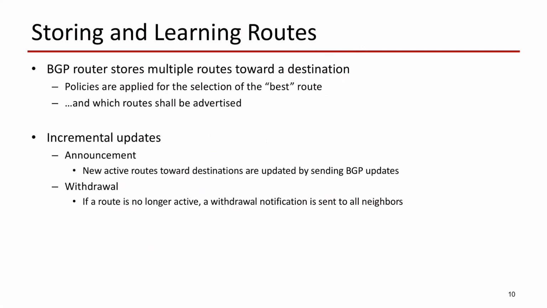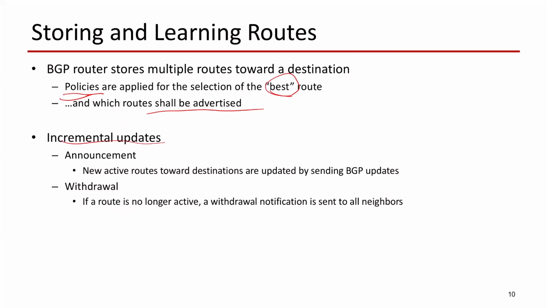Okay, and storing and learning routes. A BGP router stores multiple routes toward the destination. Because we have multiple ASs, there's a policy applied for selecting the best route. How do you determine what is best? Based on your business relationship and based on network performance. We thought network performance is number one, but in business, other things take priority: someone I can trust or not. So whenever I advertise my information, I also select whom I should talk to first, whom I should notify of my information.